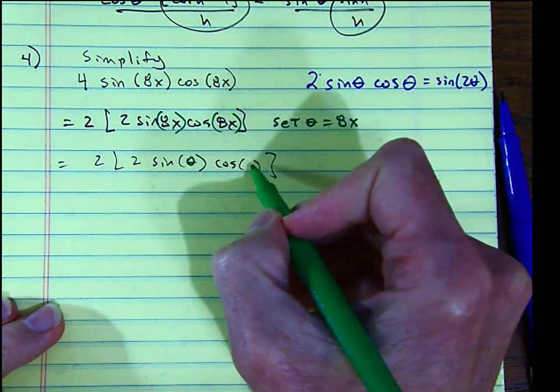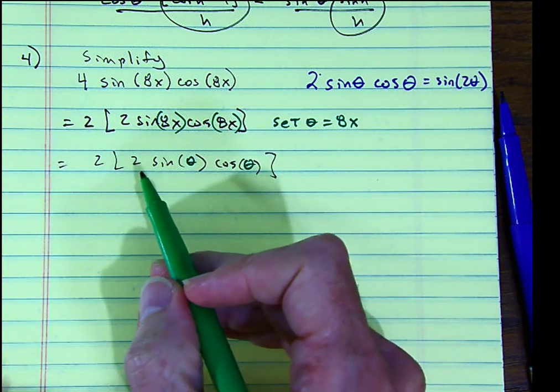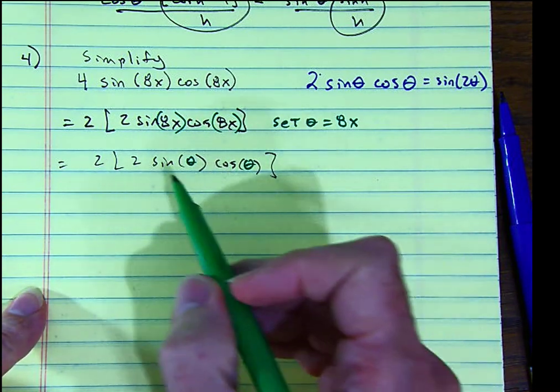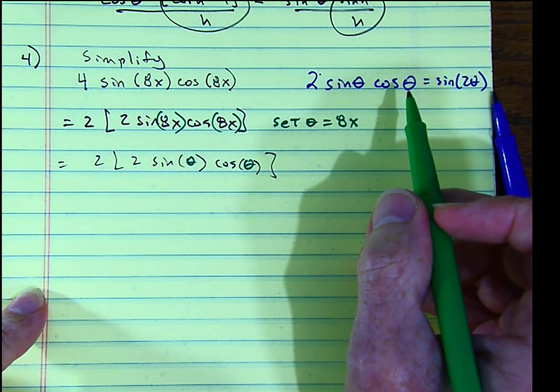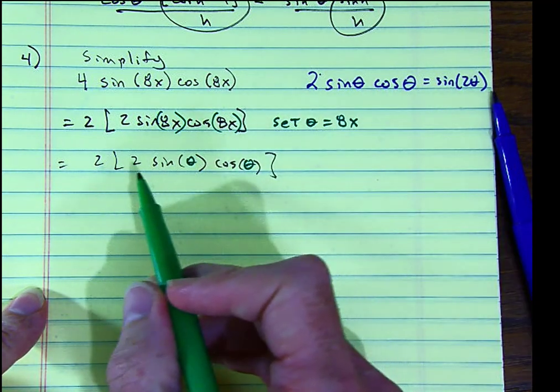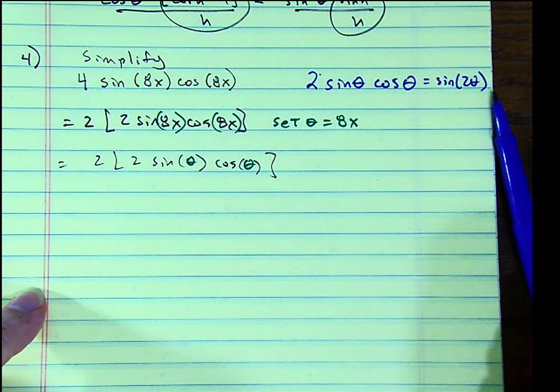I'm taking the 8x and replacing it temporarily with theta so you can see, wow, this is now arranged in a way that exactly fits the configuration of the double angle identity. So I can substitute out this whole thing with the double angle identity.